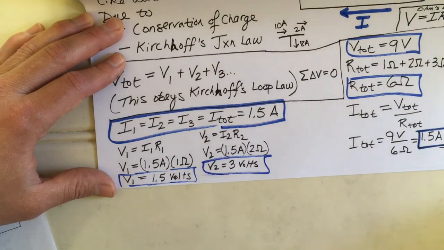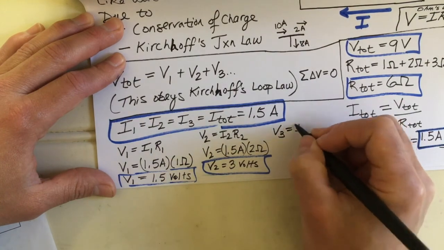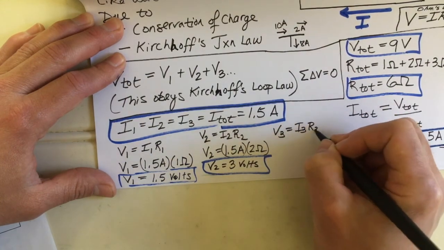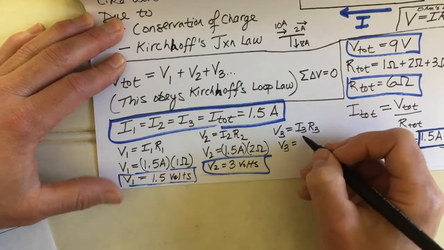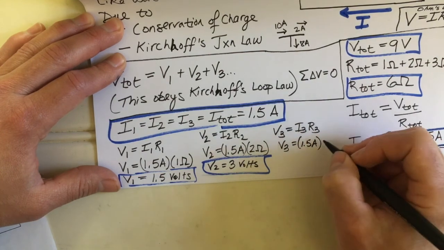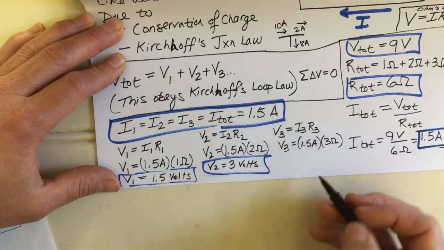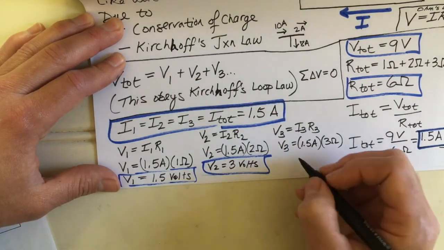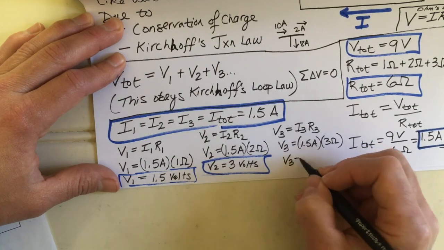And finally, V3 is equal to I3 times R3. All right, V3 is equal to, well, I3 is 1.5 amps. R3 is 3 ohms. So 3 times 1.5, that's going to be like 3 times 15, so 45, and so move the decimal, 4.5.